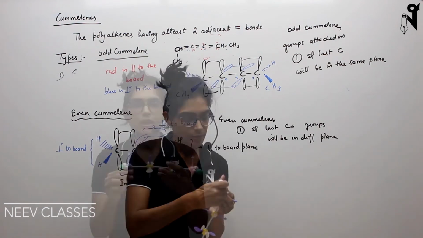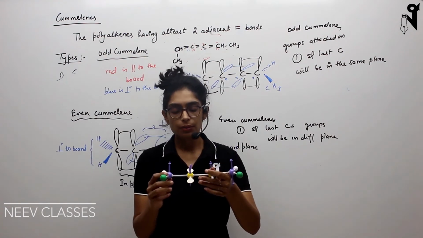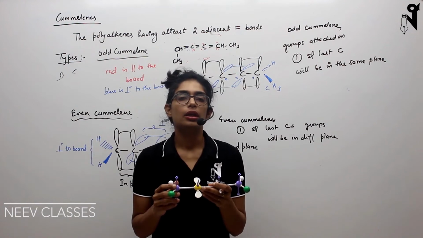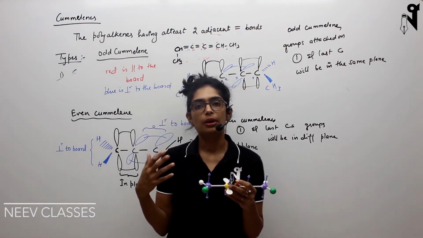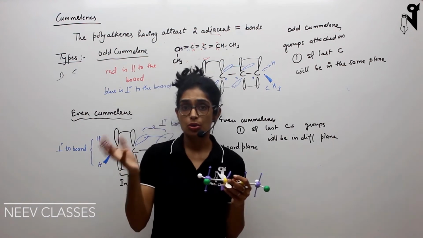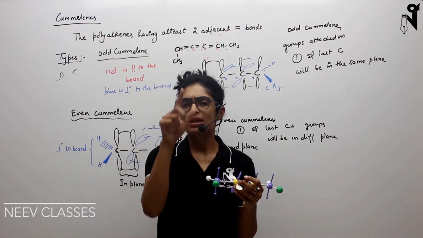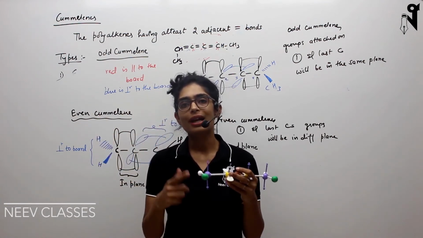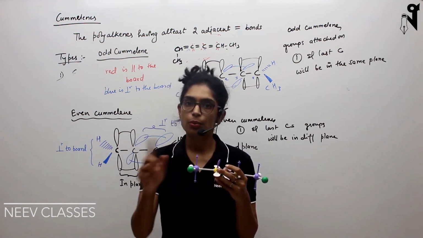Okay, so this is my CH3, this is my CH3. Now if you remember, when I was discussing carbon double bond carbon conditions to show GI, at that time I told you one is that the carbon double bond carbon should have two different groups attached on it, and the second condition was that the distance between the same group should be different in both the isomers.